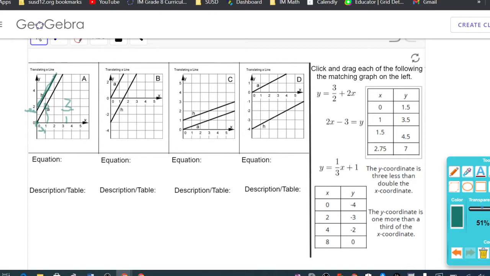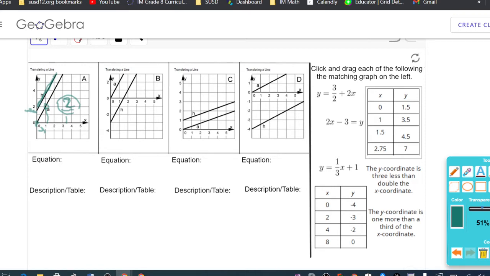Oh, I'm sorry, I totally have that wrong. Not a slope of 3. That was a slope of 2 with a line under it. I think my computer pen is working badly and causing me to make mistakes. Okay. Slope of 2 and a y-intercept of 1.5.